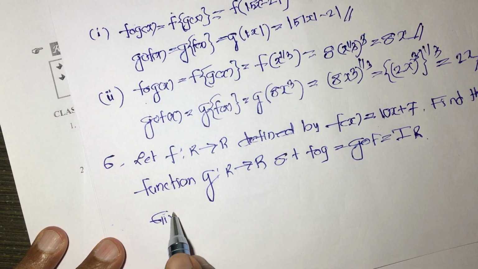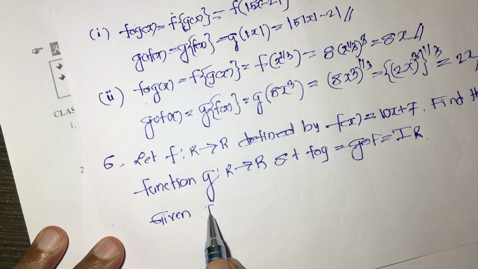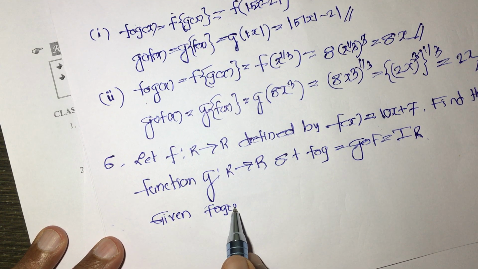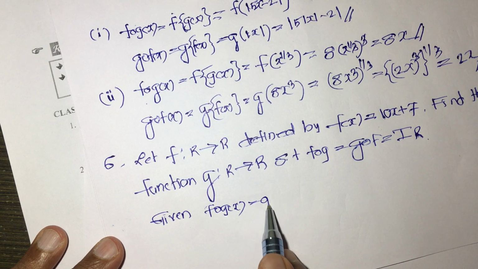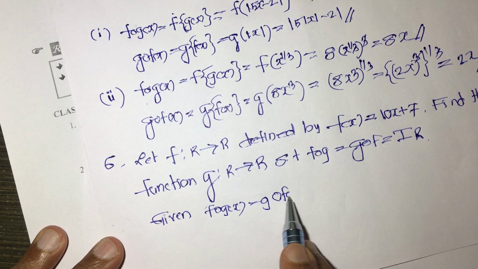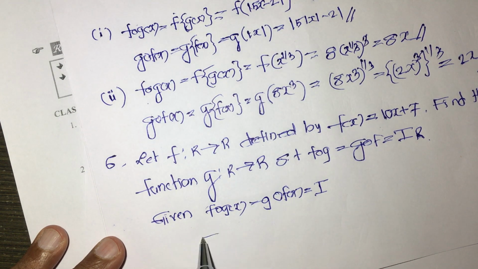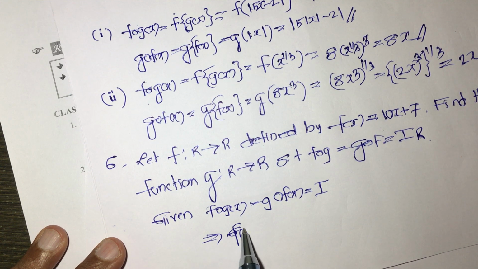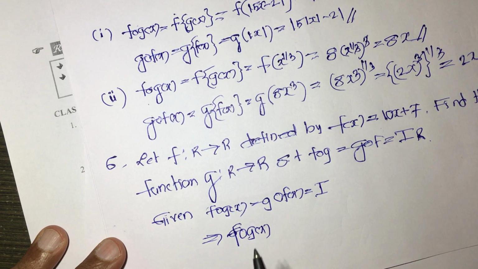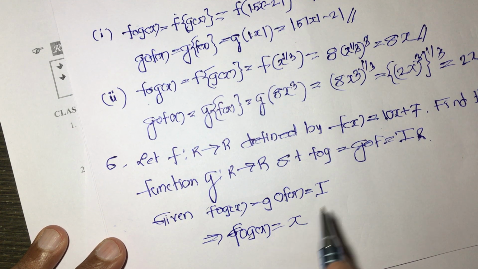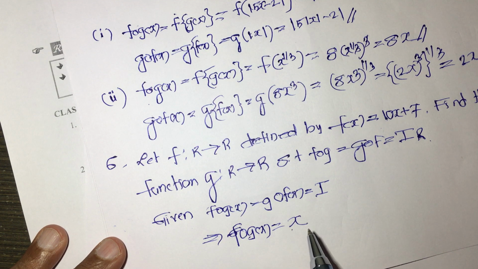Given f composite g of x, or g composite f of x, is equal to I, the identity function, meaning x.